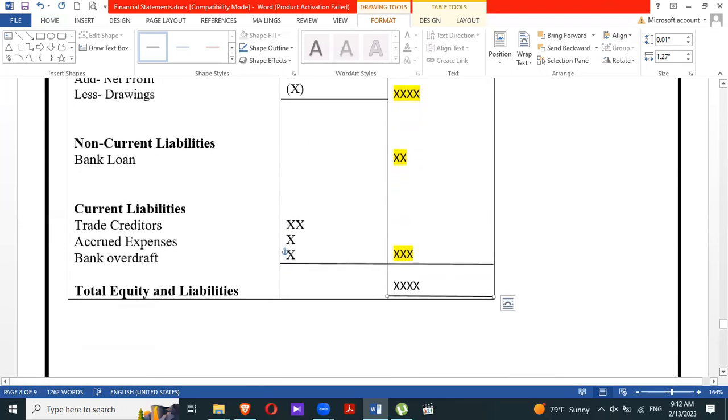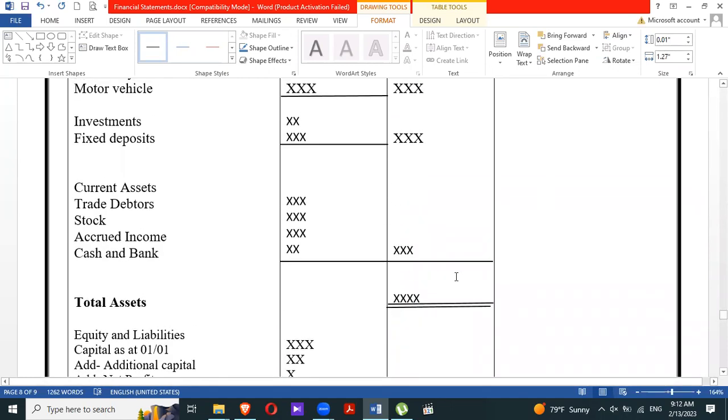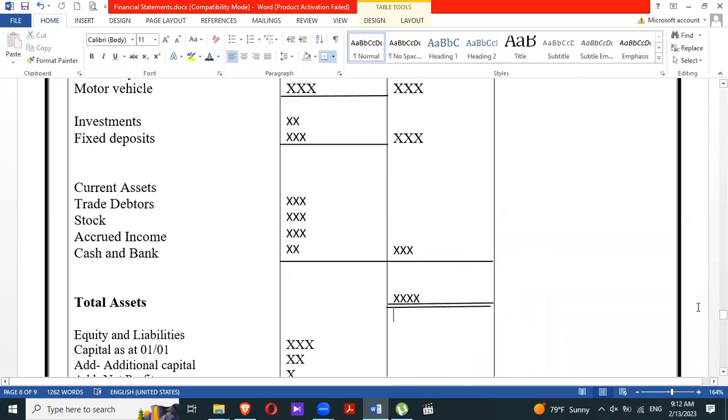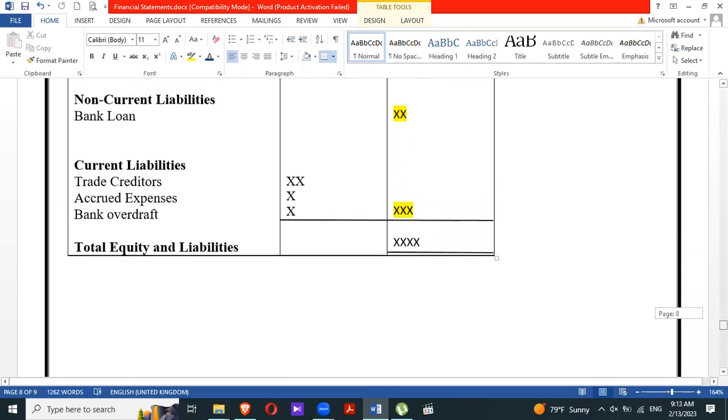Current liabilities: trade creditors, accrued expenses and bank overdraft. Take the three balances' total to the other side. Then finally we take total equity and liability. Total equity and liability equals total assets, right? The total assets balance should be equal to total equity and liabilities.